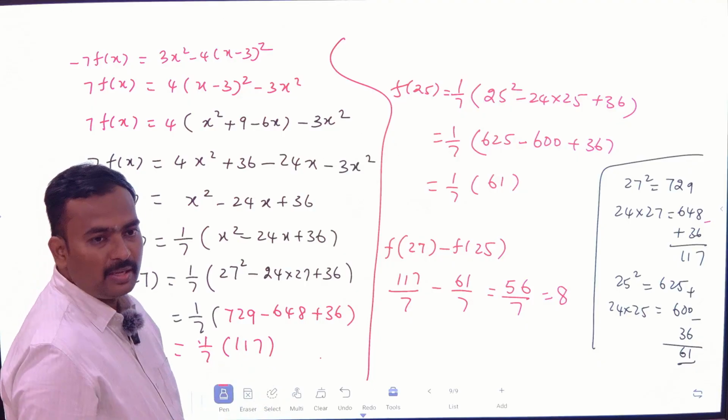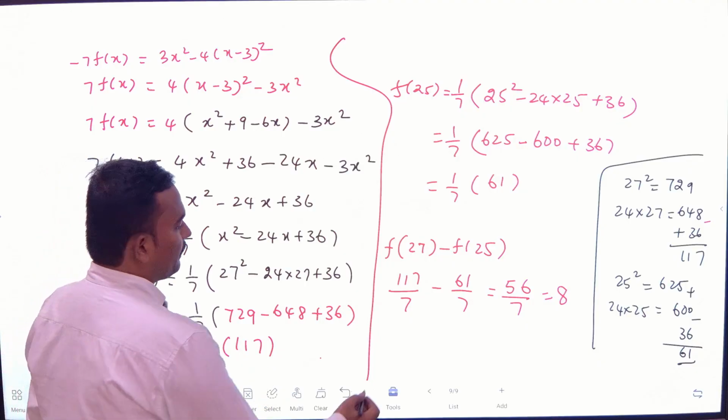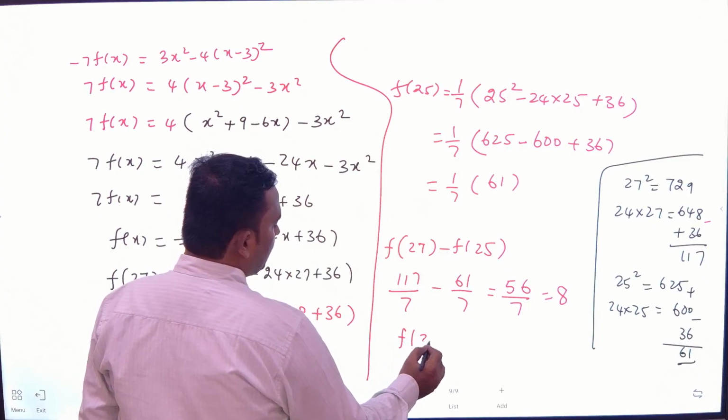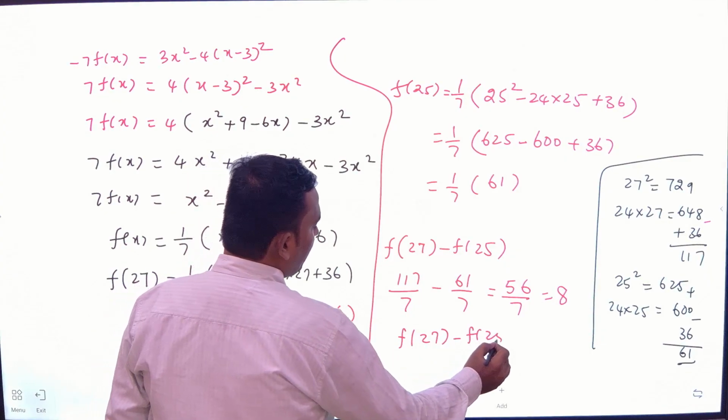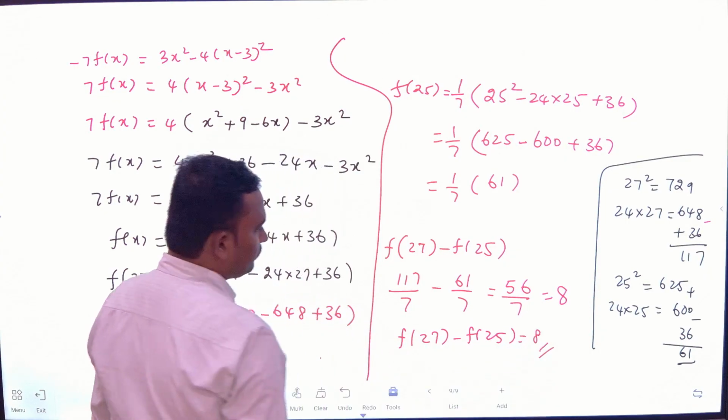Therefore the answer is 8: f of 27 minus f of 25 is equal to 8.